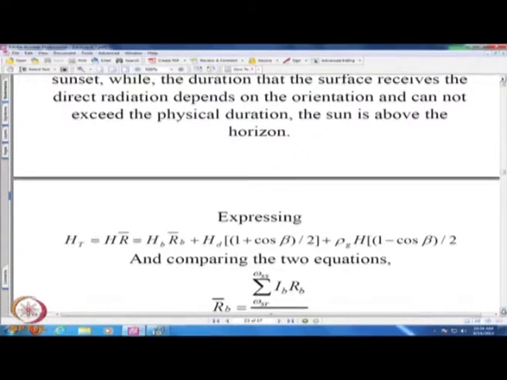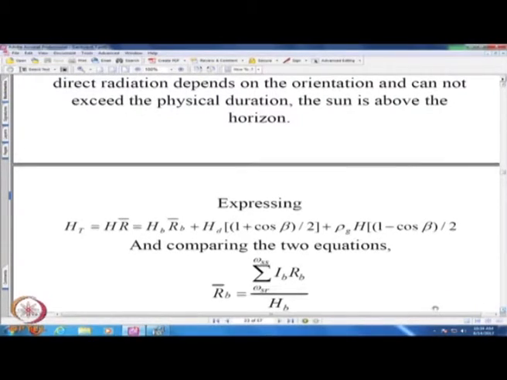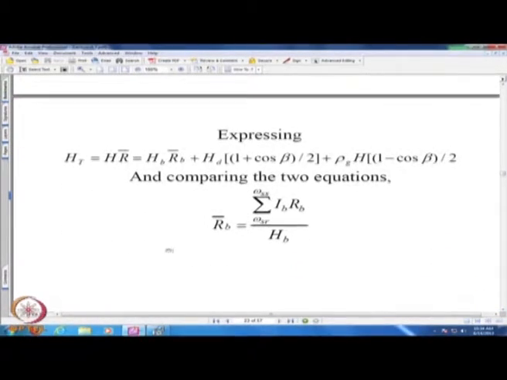Expressing it as a single factor or bar, you can write H_t as comprising H_b R_b bar plus H_d. This is written analogous to the hourly value, but now we should realize that R_b bar should be a weighted average of I_b and R_b upon H_b.